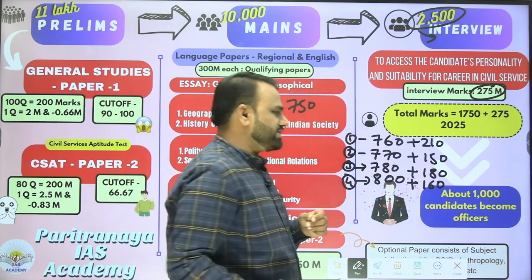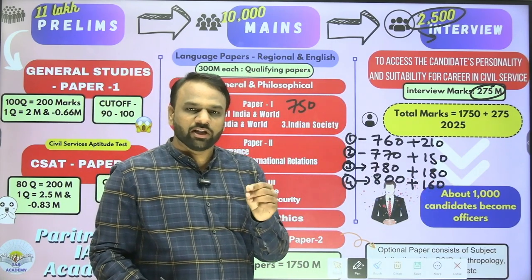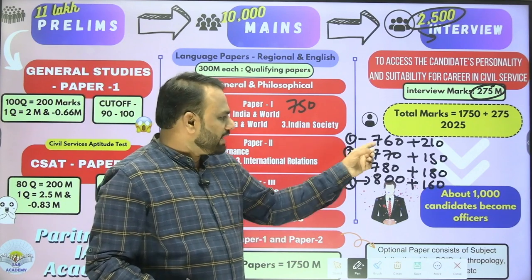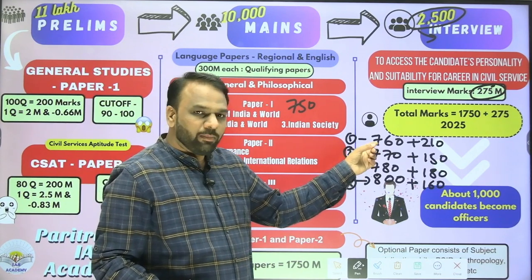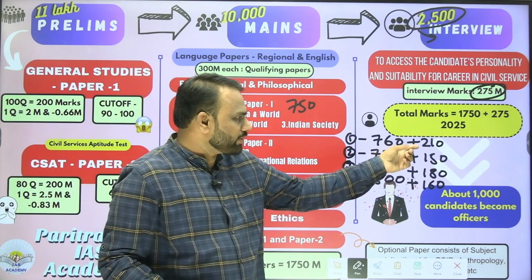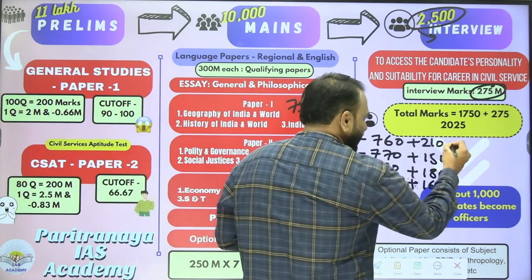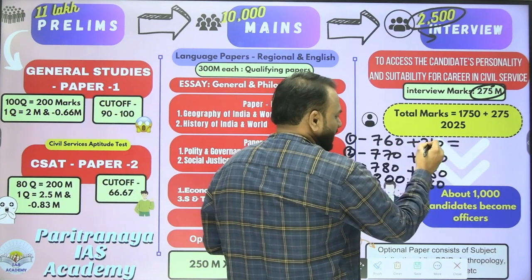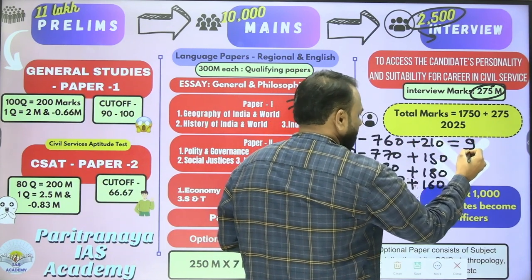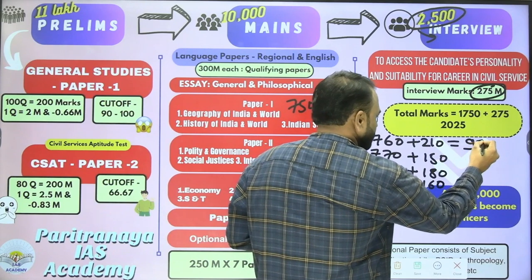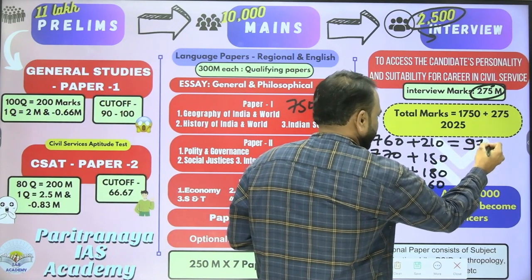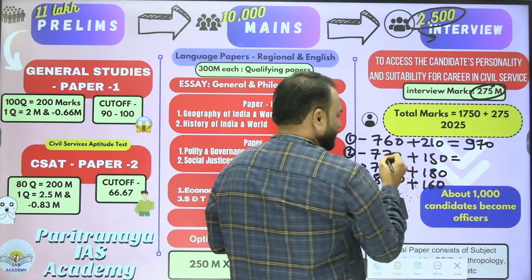160 marks. So in order to determine the final rank, the marks they have got in mains plus the marks they have secured in interview will be added together. So 760 plus 210, 970.